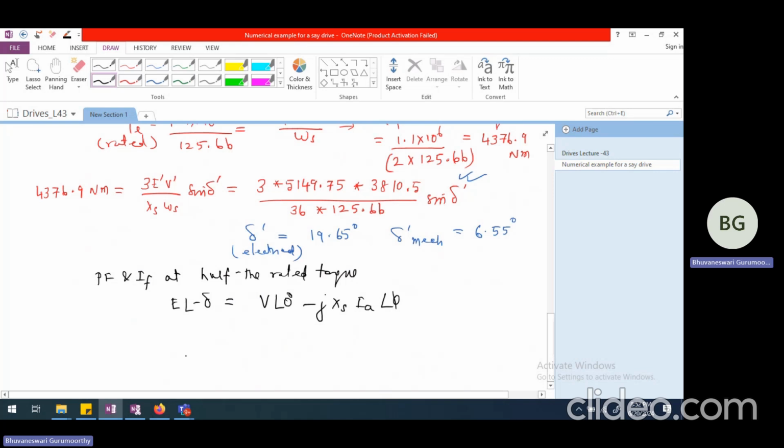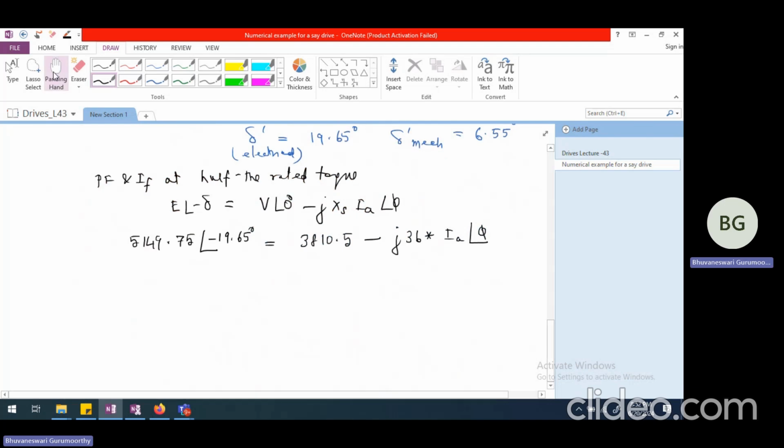So I should be able to write this as E, which is 5149.75 angle, delta is minus 19.65 degrees, equal to V angle 0, which is 3810.5 minus J times X S, which is 36, multiplied by I A, we don't know what it is, and phi also, we don't know what it is. These two have to be calculated.